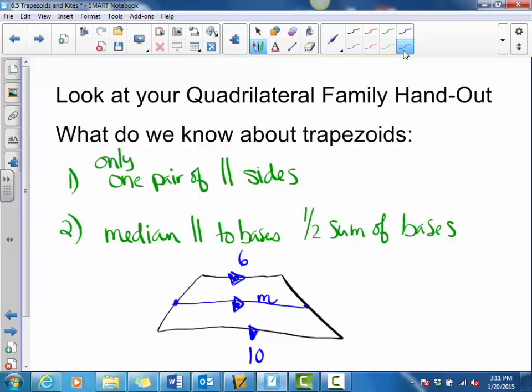So if I call this little guy M, 6 plus 10 equals 16, and half of that is 8. So the median is 8 units. Okay? Let's see, what else do we know?